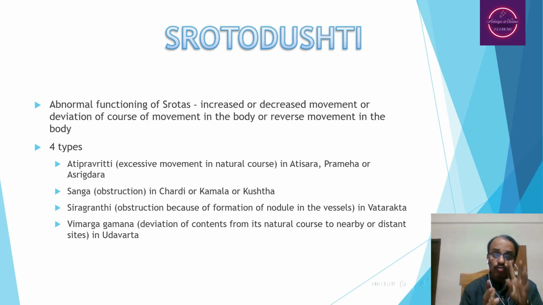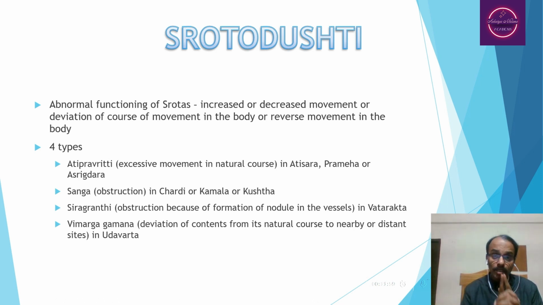Textual description gives four types of Srotodushti: Atipravritti, Sanga, Vimargagamana as well as Siragranthi. Atipravritti refers to excessive movement happening in the natural course. That means the movement in the alimentary canal happens from the mouth to the anus. If increased movement of substances happens in the same direction, then it is Atipravritti.